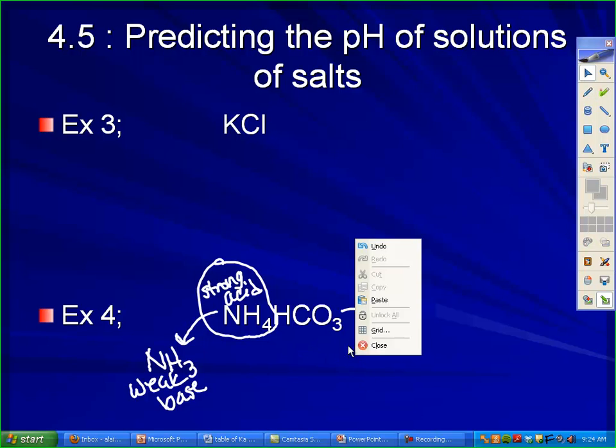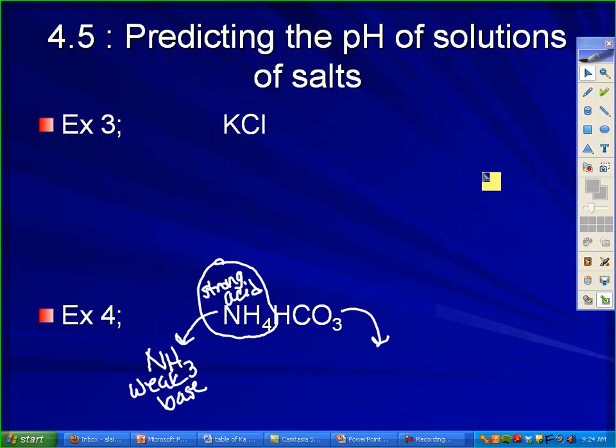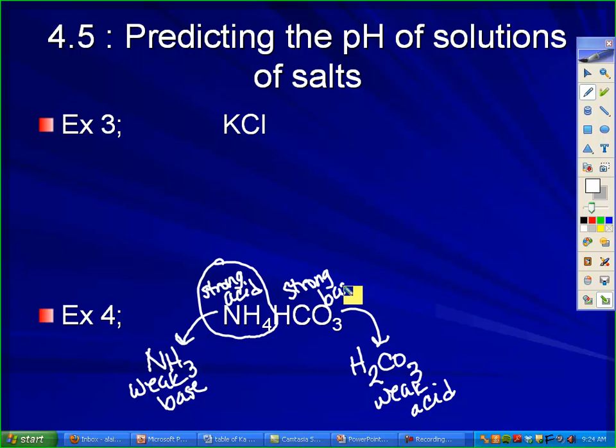HCO3 comes from H2CO3, which is carbonic acid, which is also a weak acid, which means HCO3 is going to be a strong base, which means it is going to mess with the water.